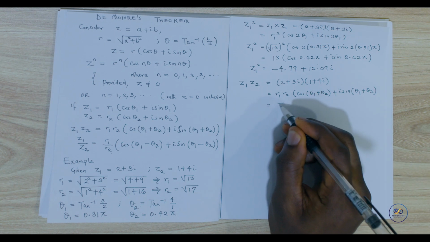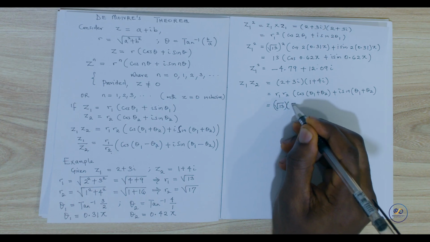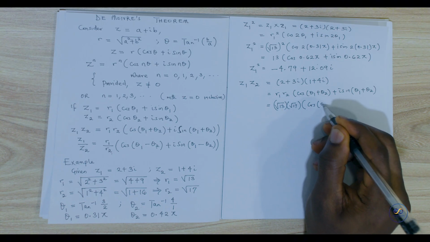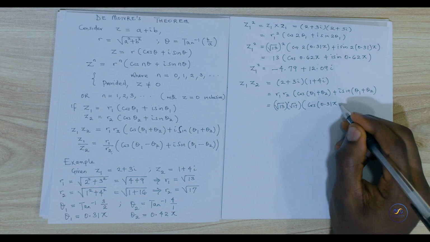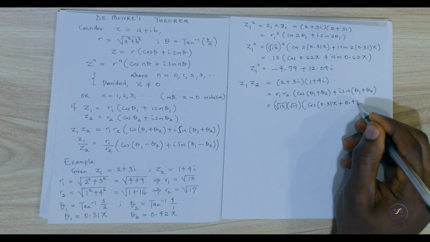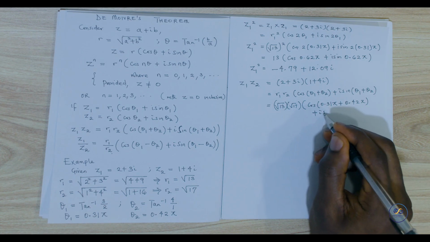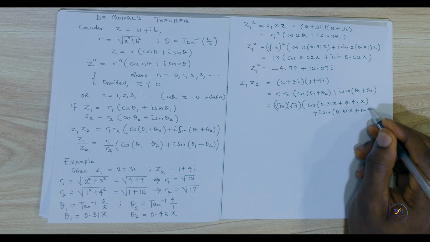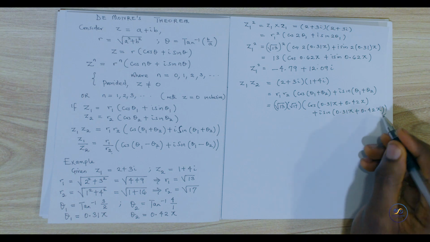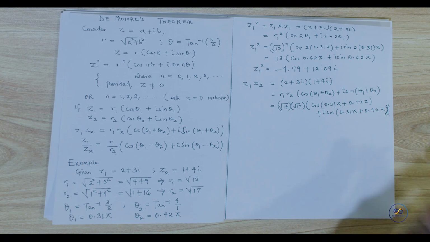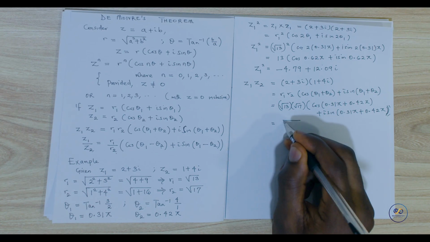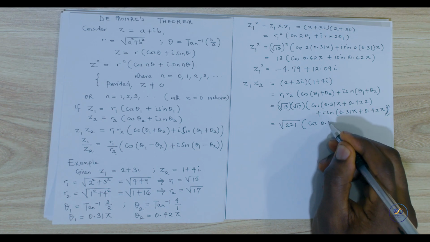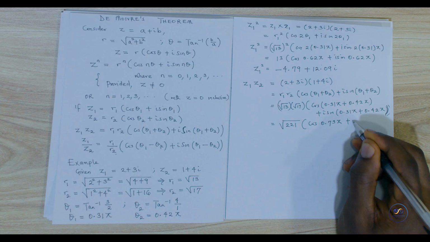We would have root 13 multiplied by root 17, and then all into cos of 0.31 pi plus 0.42 pi, plus i sine of 0.31 pi plus 0.42 pi. If we continue simplifying this, we would have the square root of 221 into cos 0.73 pi plus i sine 0.73 pi.